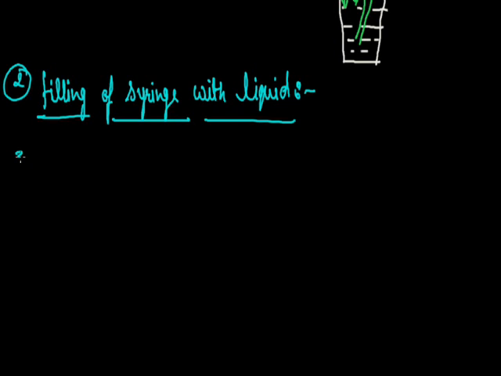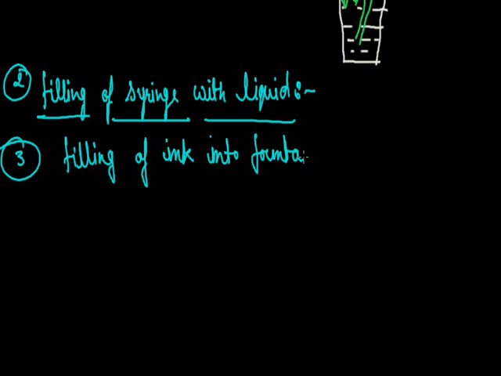Next is filling ink into a fountain pen. It is due to atmospheric pressure again that ink gets filled into a fountain pen. The pen is kept with its nib inside the ink.